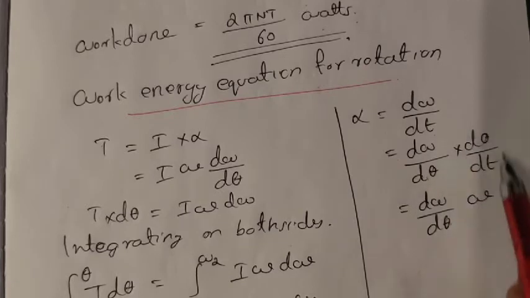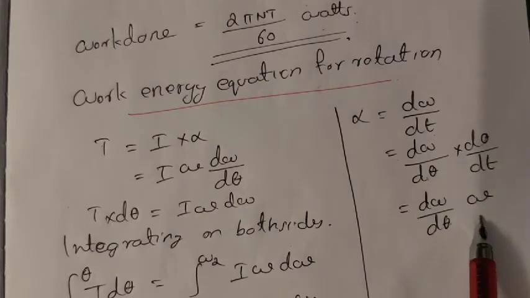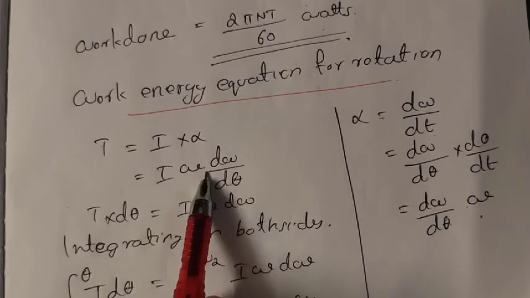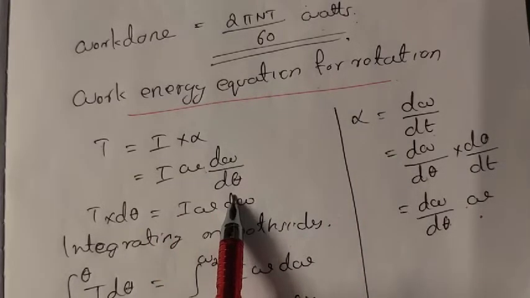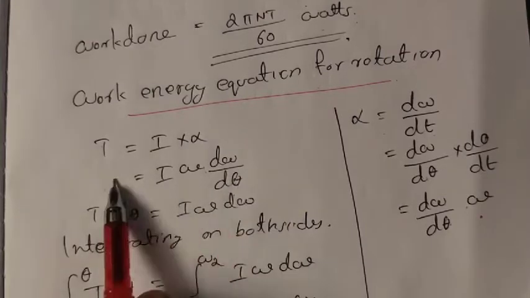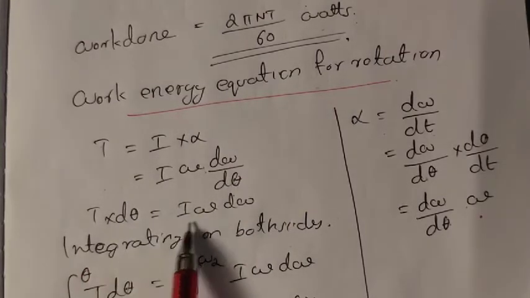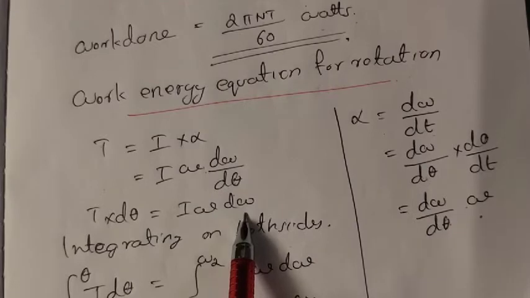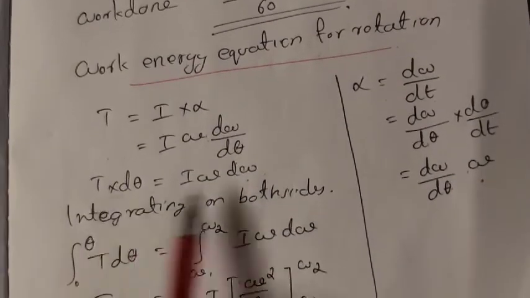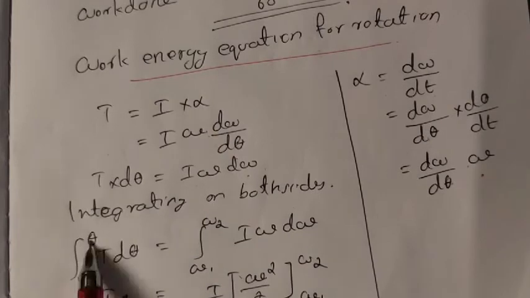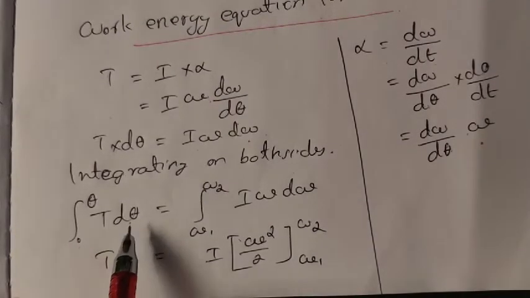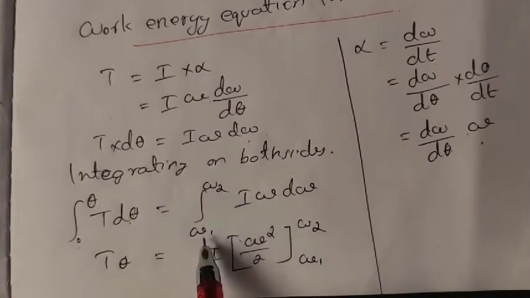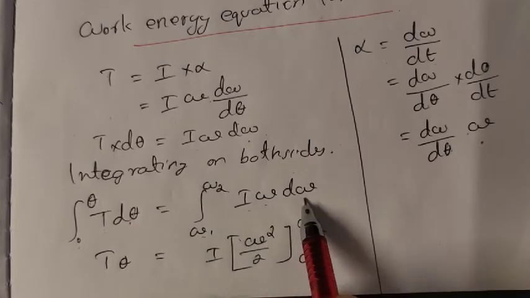So we get T d theta equal to I omega d omega. Integrating both sides, from 0 to theta on one side, and from initial to final velocity on the other: T d theta equals the integral of I omega d omega.